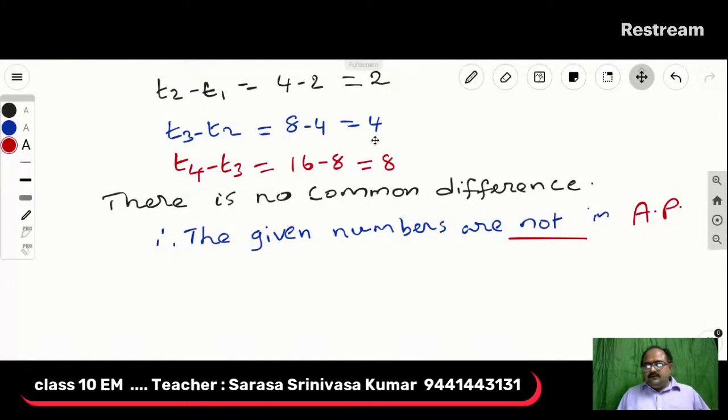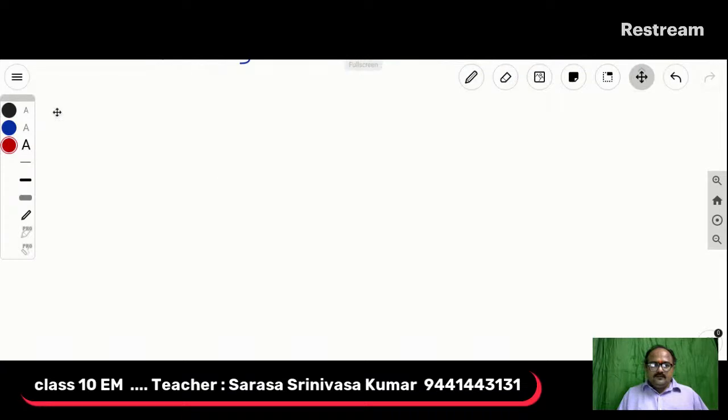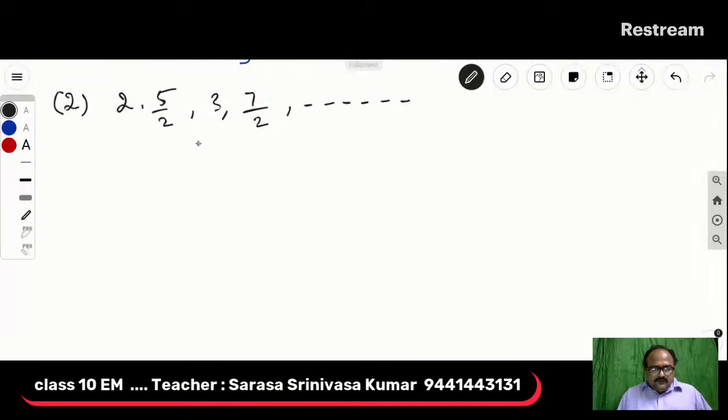Next, the second problem in this model: 2, 5 by 2, 3, 7 by 2, and so on. First we note down the terms.